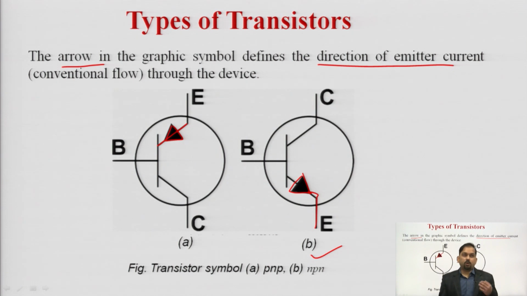So we can say that for PNP the current is entering the device, and for NPN the current is going out from the emitter terminal. So these are the symbols for PNP and NPN transistors.